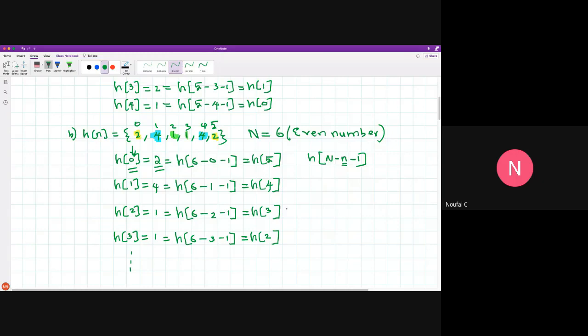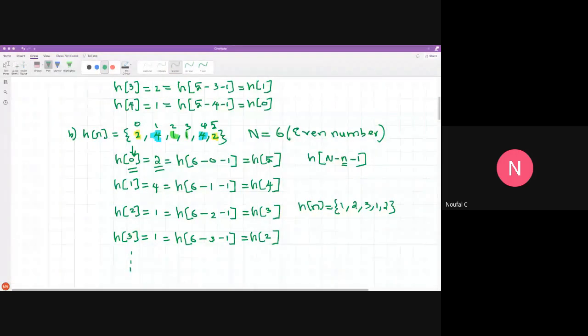Okay, and if I write another example, let's say h of n equal to 1, 2, 3, 1, 2. Is this an example for a linear phase filter? Can you just tell me? It is not an example for a linear phase filter because it is not symmetric.